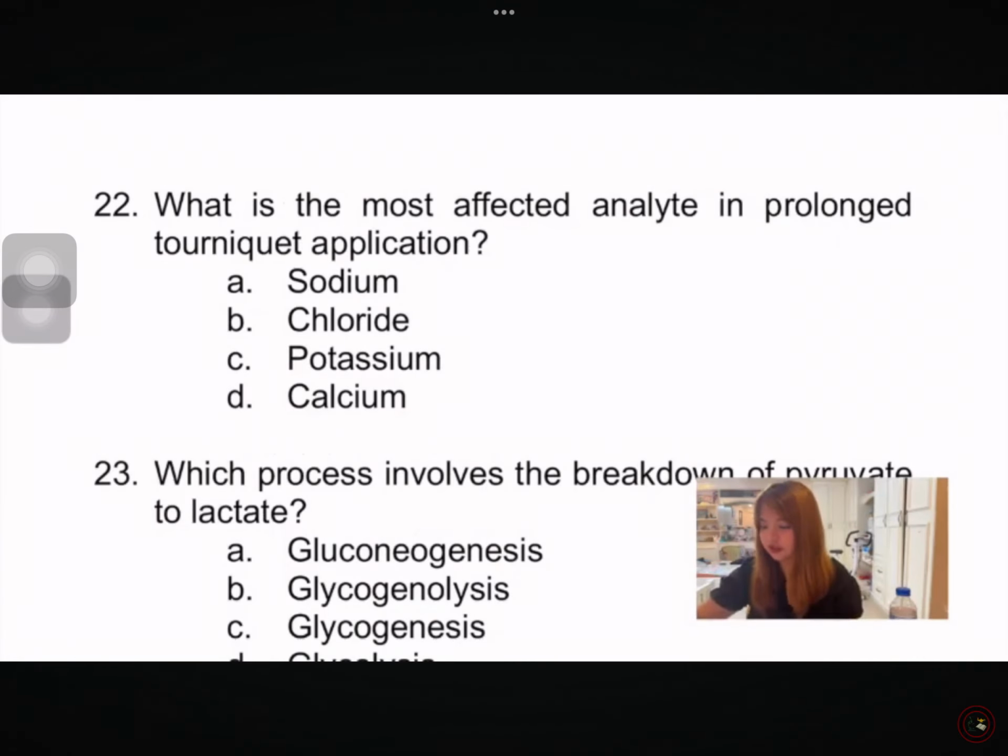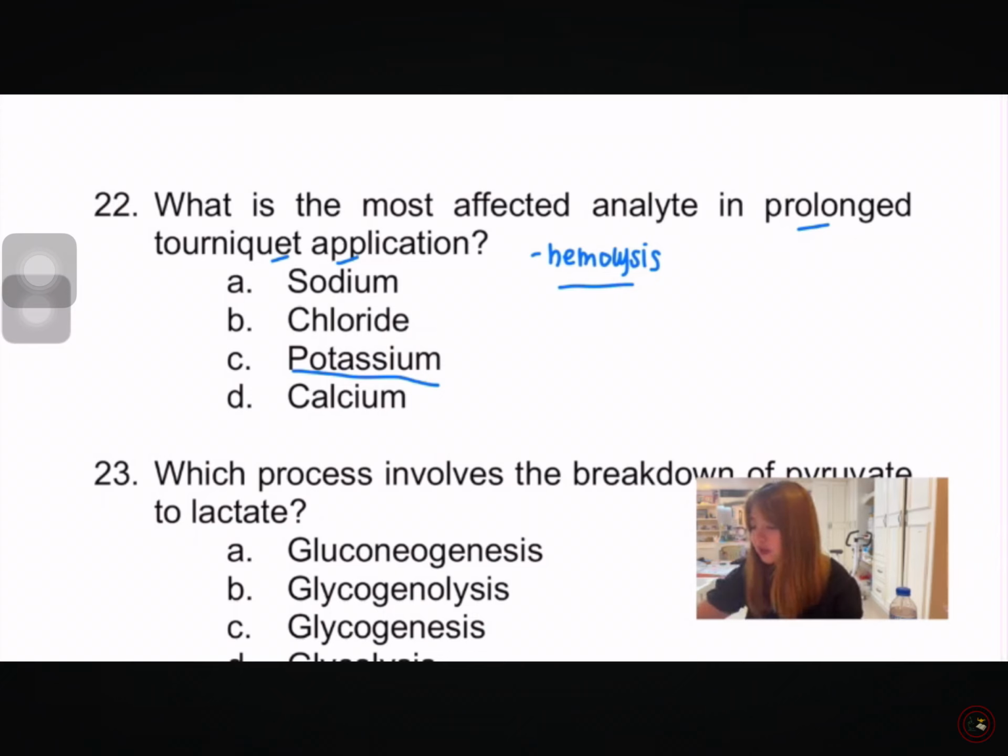Yung next question natin is, what is the most affected analyte in prolonged tourniquet application? So, you know what happens in prolonged tourniquet application is that there is hemoconcentration and hemolysis. So, if there is hemolysis, what happens is yung cellular content ng RBC, which is yung intracellular cation, which is potassium, it will be present in the plasma or the serum.